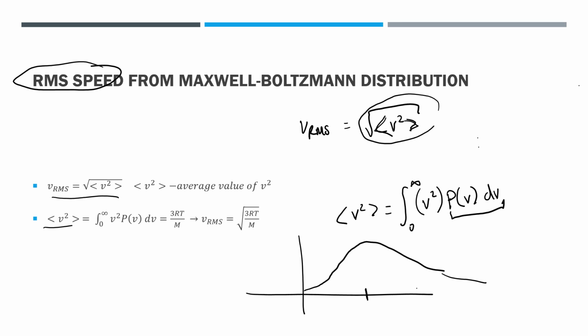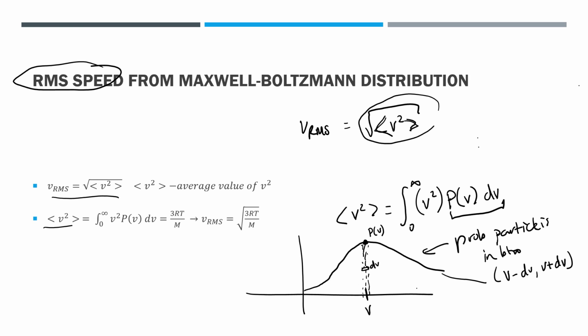Say we have a velocity here, and this is P of V, and we take a tiny dV, right? This is basically P of V dV, but dV is basically infinitely small, right? And P of V dV gives me the size of this rectangle, and the size of this rectangle is the probability the gas particle is in between the speeds v minus dv and v plus dv, right?